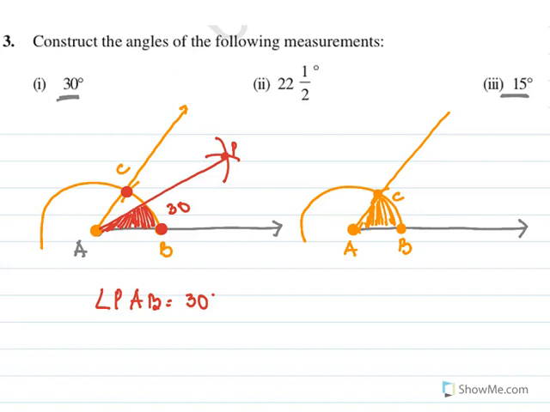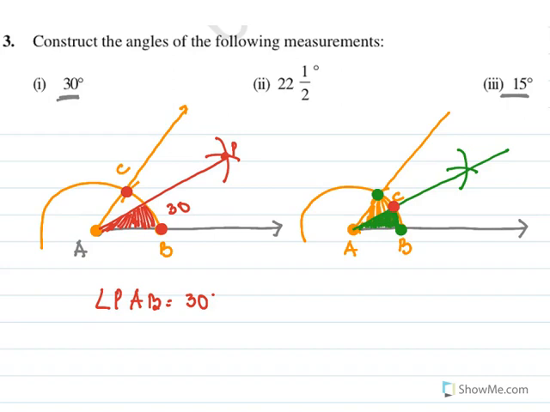Now we need to cut 60 in half to give you 30 degrees. To cut 60 in half, you keep your compass at C, you draw an arc, then keep the compass at B and cut the previous arc. So when you join, this green angle that I am drawing is half of 60, and that will be 30. Now to draw 15, we have to bisect this too.